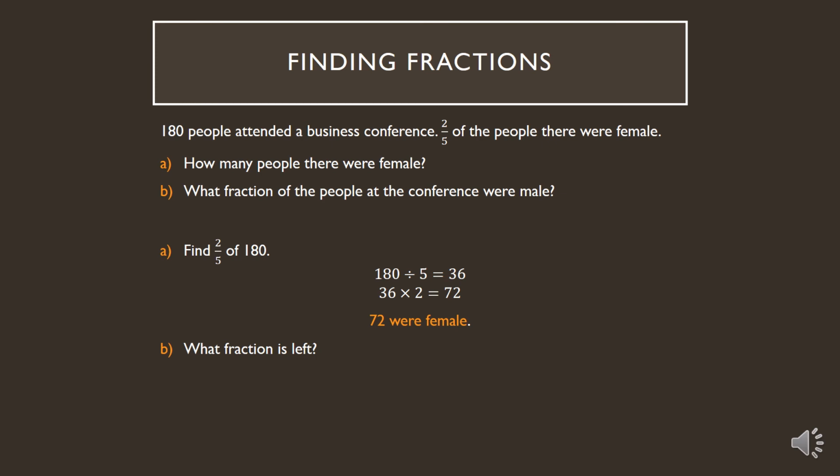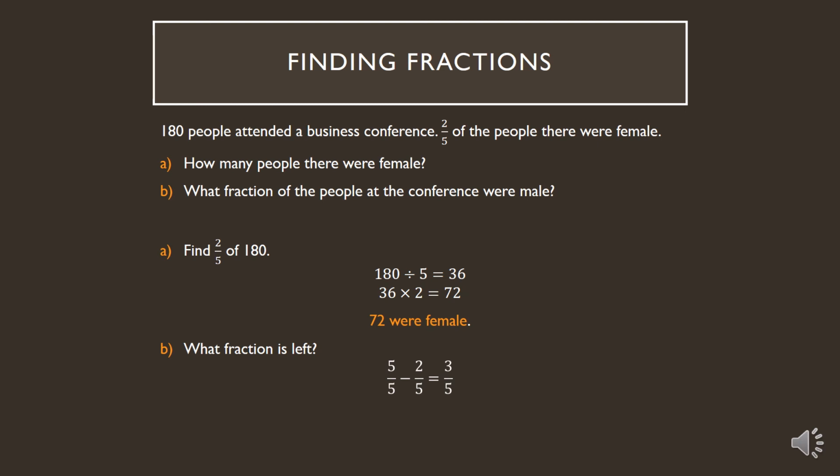And question B, what fraction were male? Well, we must find what fraction is left. Okay, so all of the people, 180, represent 5/5, the full lot. Okay, 5/5 is a whole. And we must remove 2/5, the 2/5 that were female, and we'll find out how many fifths were male.